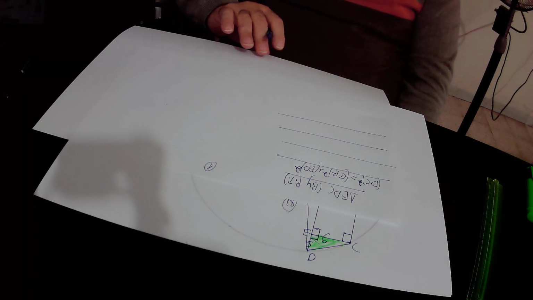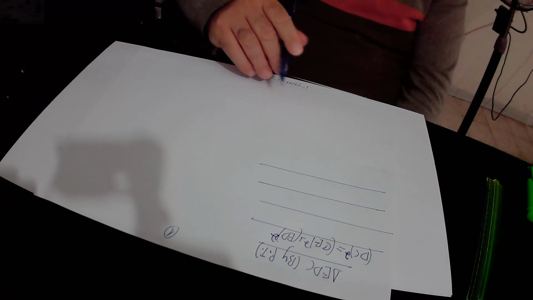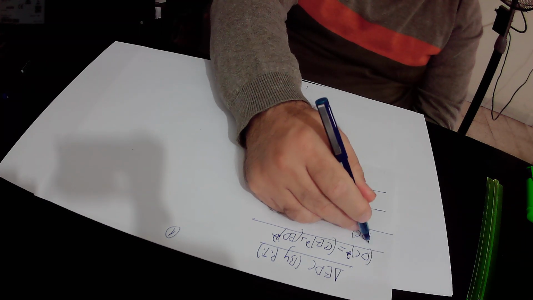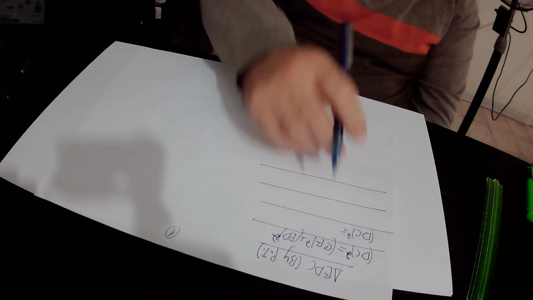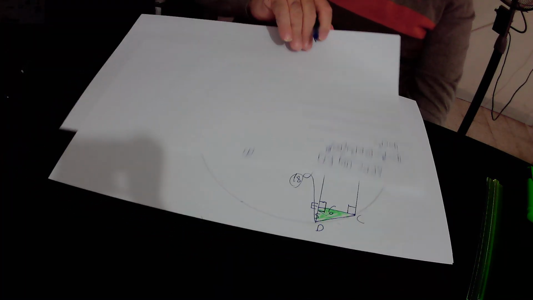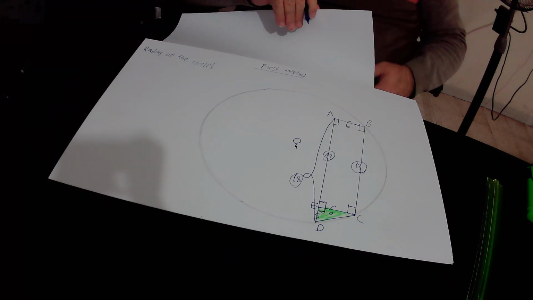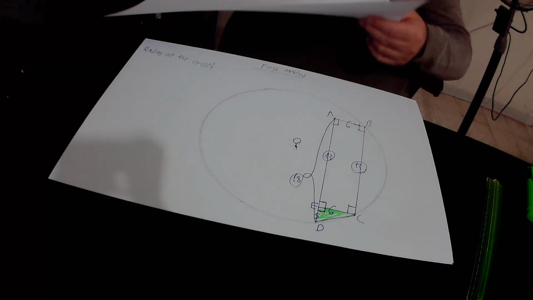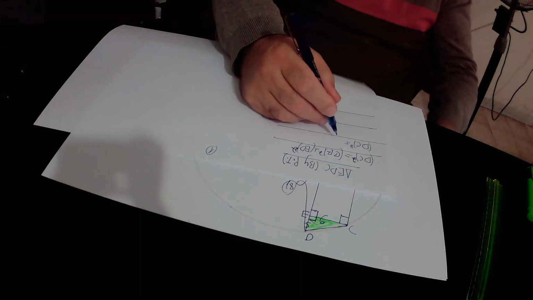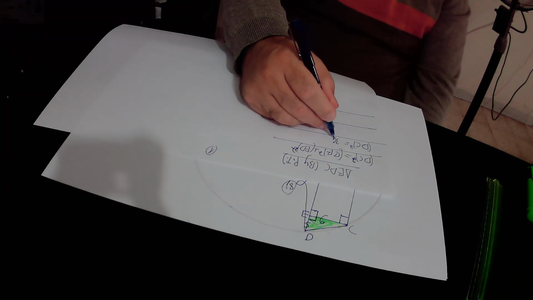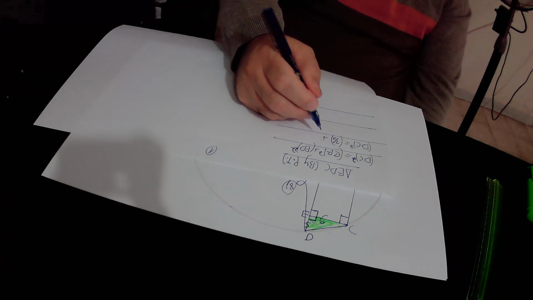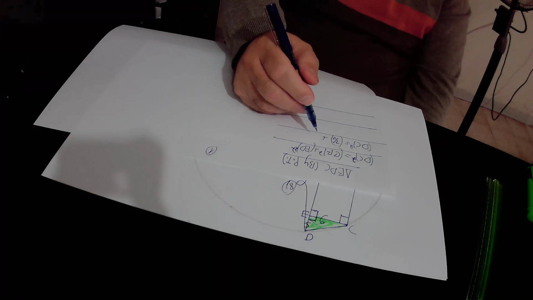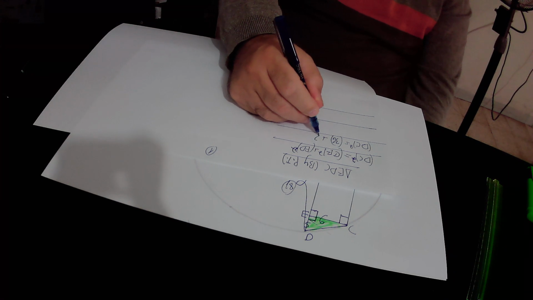So DC squared, that is the square of the hypotenuse, equals CE squared. CE equals 6 units, therefore CE squared equals 6 squared, that is 36, plus ED squared. ED equals 5 units, therefore ED squared is 5 squared, that is 25.